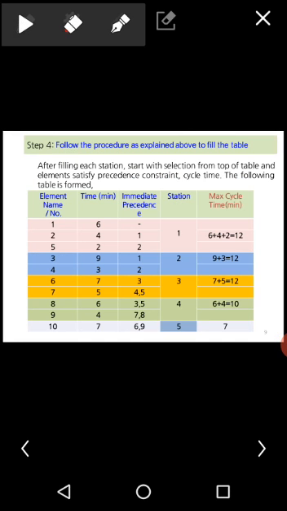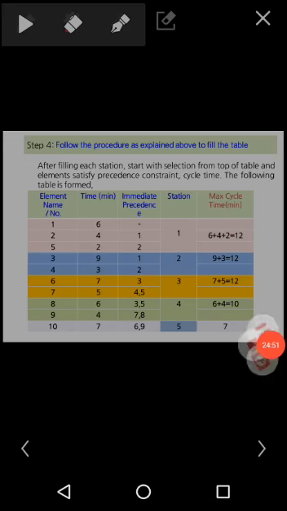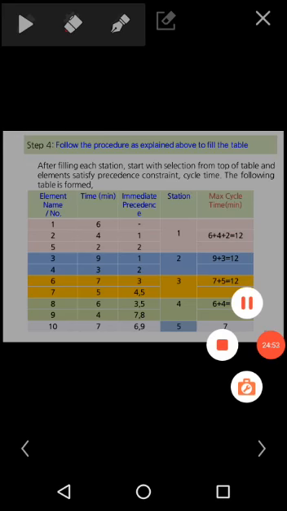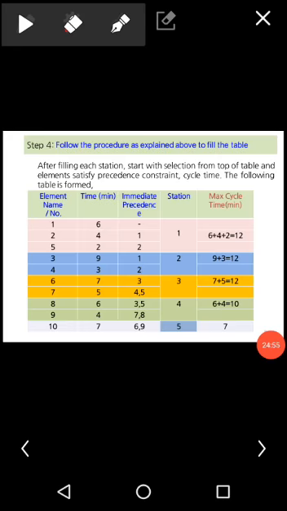After completion of element 6, we can go for element 7 and its time is 5 minutes and its precedence is 4, 5. Now we calculate the time period. 7 plus 5 is equal to 12. We satisfied the time factor.